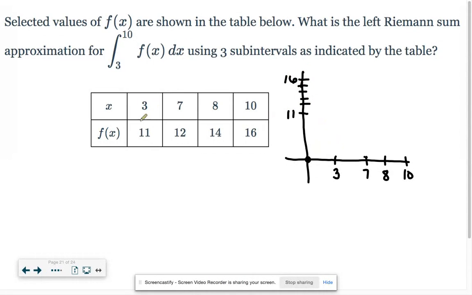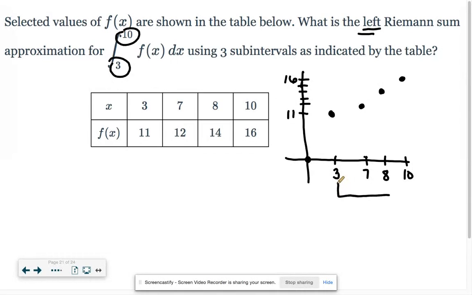And I'm going to plot these as points, okay? So 3, 11 is here. 7 is at 12. 8 is at 14, and then 16. So the curve kind of goes like that, I guess. Next part, what is the left Riemann sum approximation from 3 to 10?